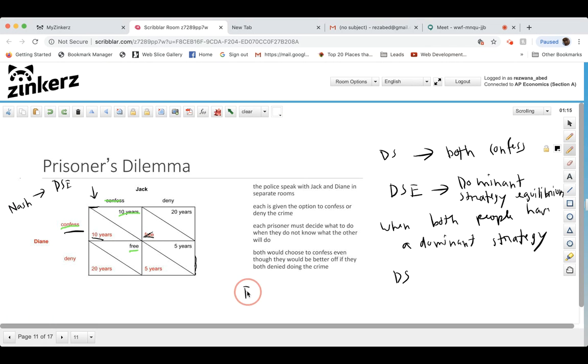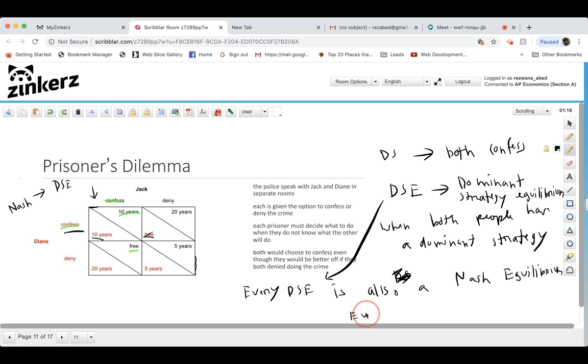Okay? So every DSE, dominant strategy equilibrium, is also a Nash equilibrium. But every Nash equilibrium is not a dominant strategy equilibrium. So we just saw that in the previous case, right?